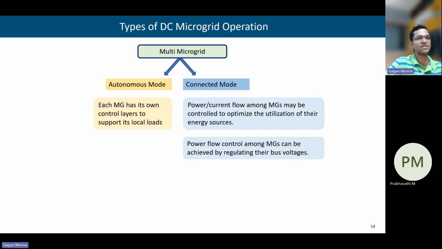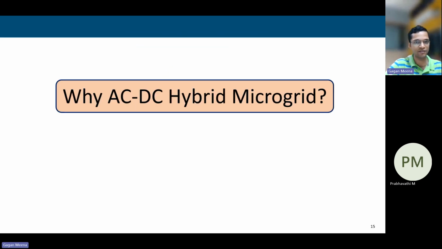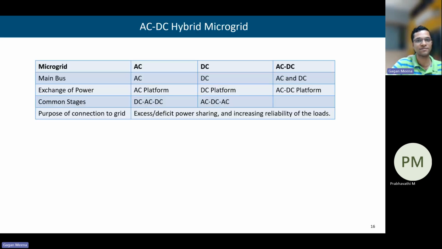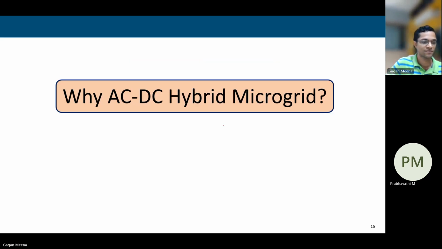So this was the DC microgrid. Then why do we need the AC-DC hybrid microgrid? Can you tell why we need a hybrid microgrid?